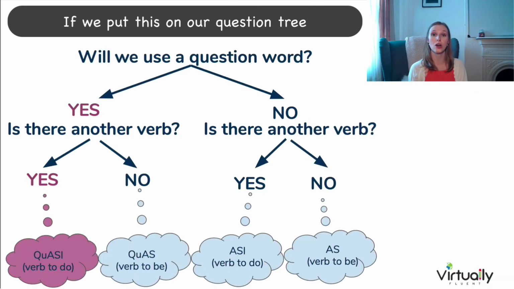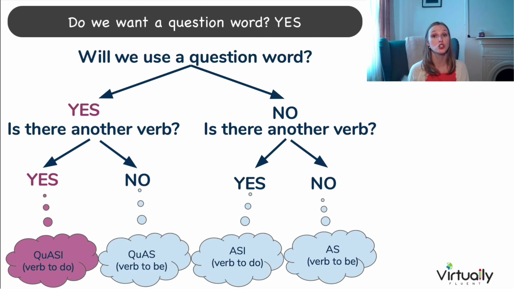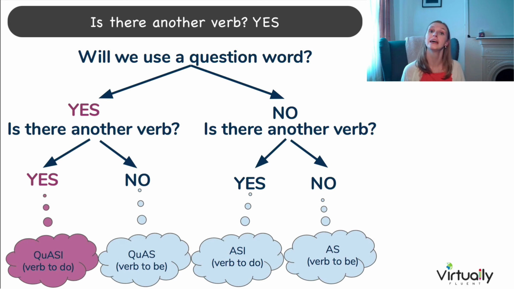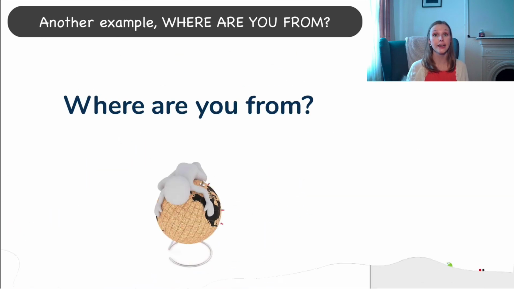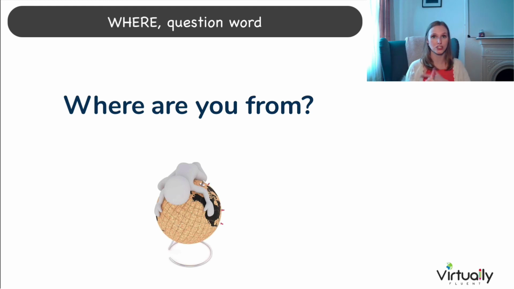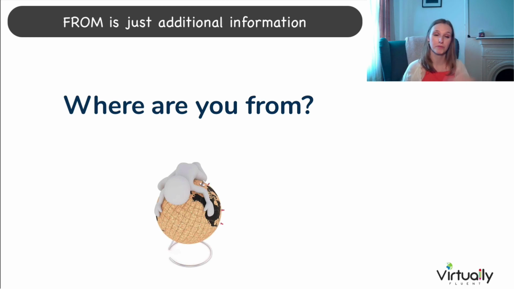If we put this on our question tree, do we want a question word? Yes. Is there another verb? Yes. QUASI. Another example, where are you from? Where, question word, are, auxiliary verb, verb to be, and you, subject. From is just additional information.